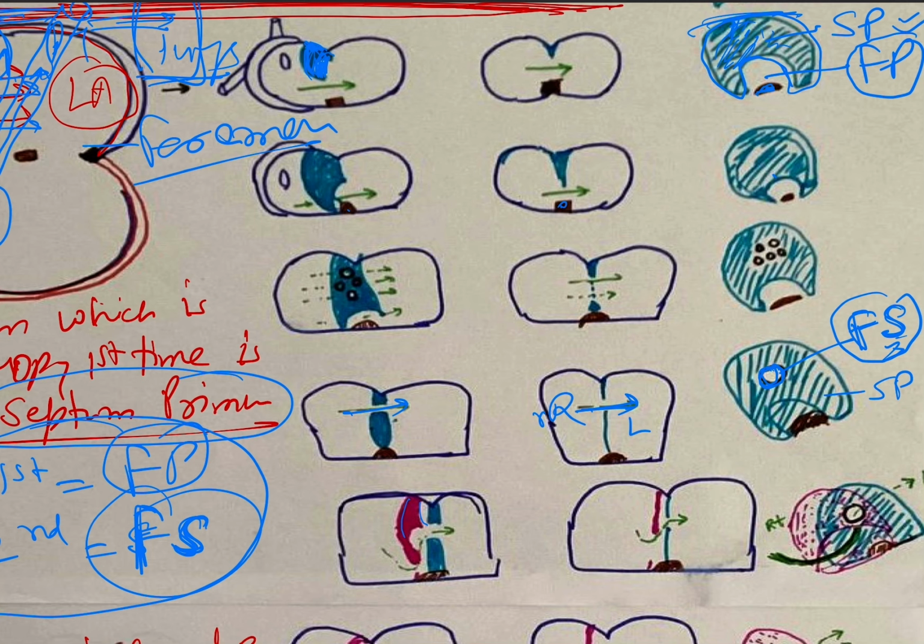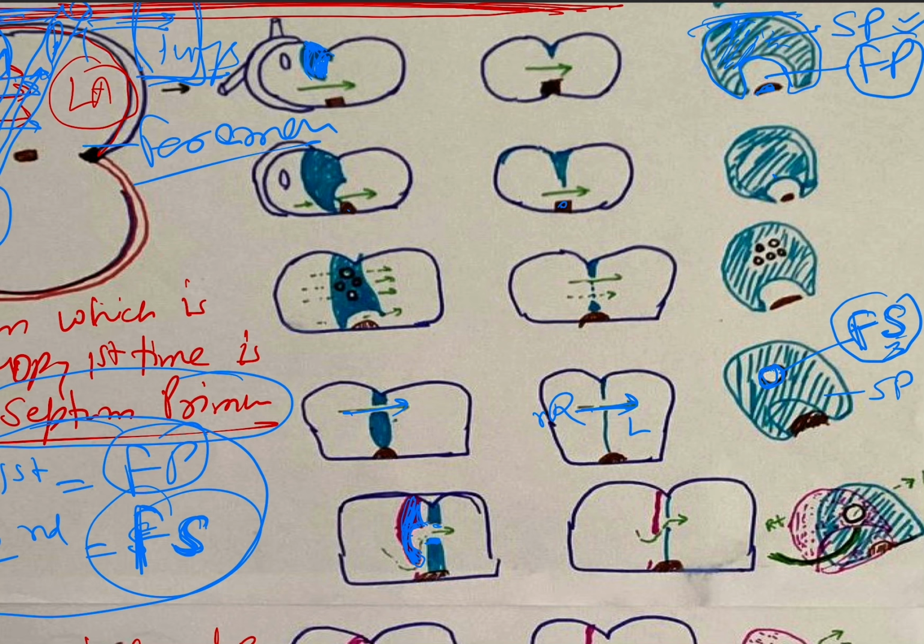This septum secundum is developing in such a way that it crosses the lower margin of foramen secundum.